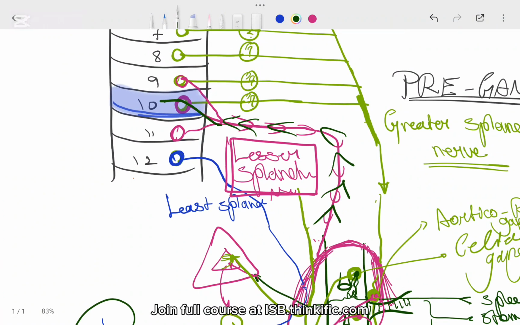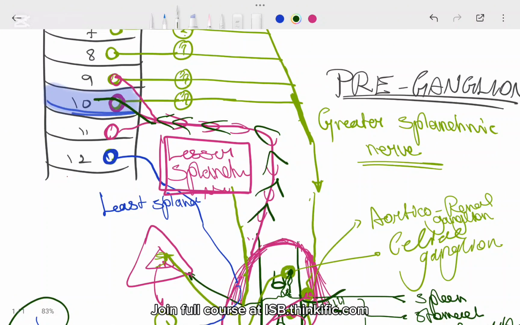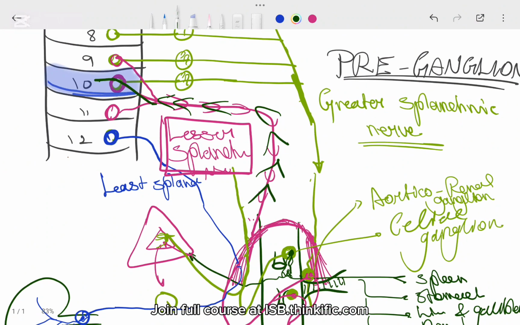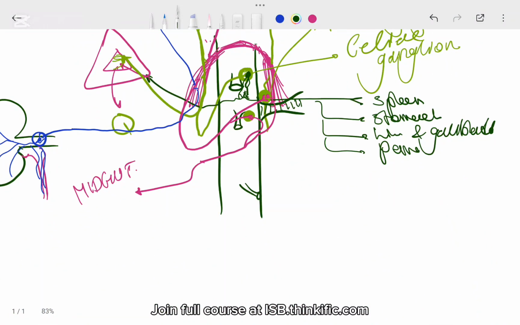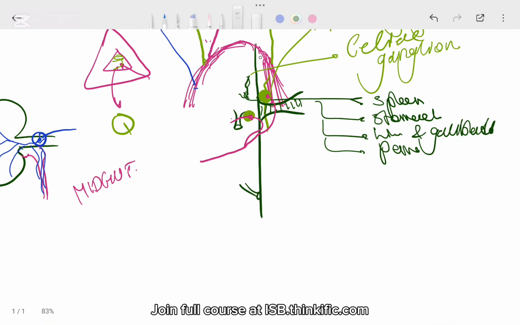Okay, so we talked about thoracic splanchnic nerves. Now, I want to talk about a different type of splanchnic nerves, which are called lumbar splanchnic nerves.